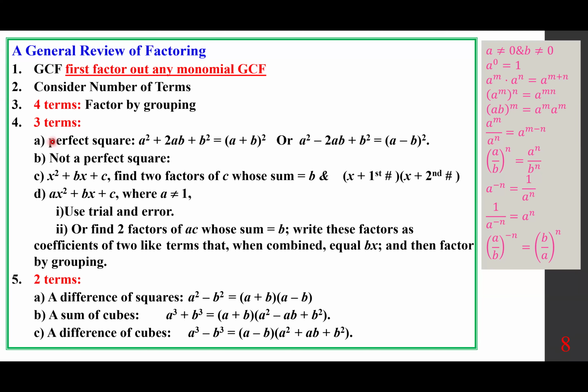Part A, you may have a perfect square. That's why on the previous page we went over these special products. If it's in the form a squared plus 2ab plus b squared, you have (a plus b) quantity squared. If it's in the form a squared minus 2ab plus b squared, we have (a minus b) quantity squared.